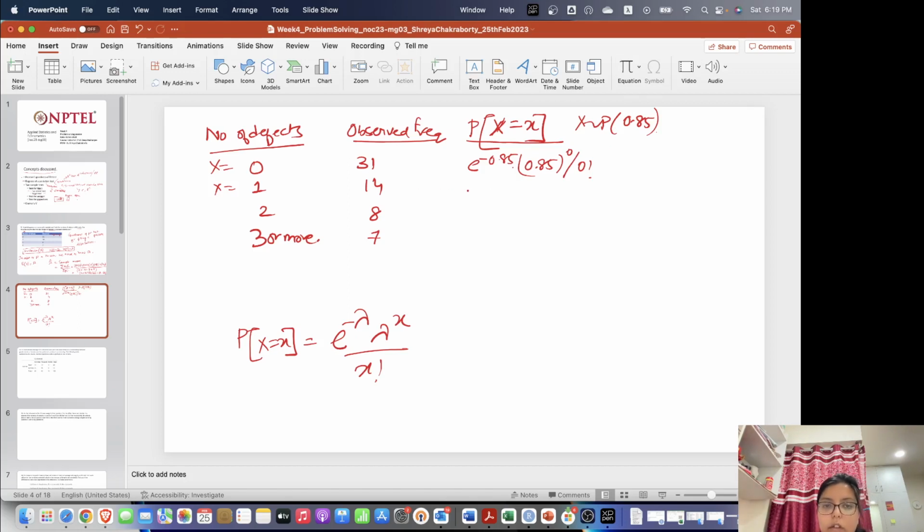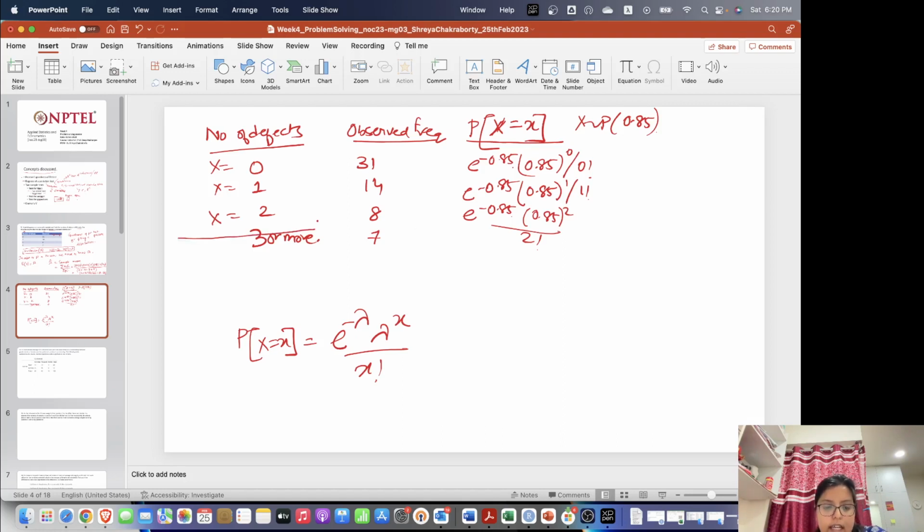For x equal to 1, we'll put e to the power minus 0.85 into 0.85 to the power 1 by 1 factorial. For x equal to 2, we'll put e to the power minus 0.85 into 0.85 square by 2 factorial.